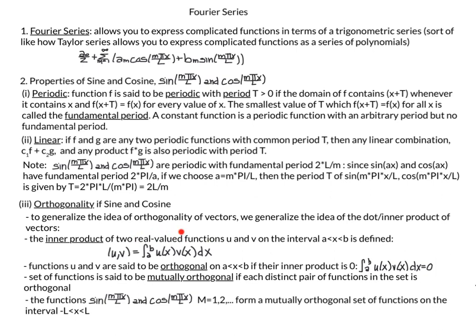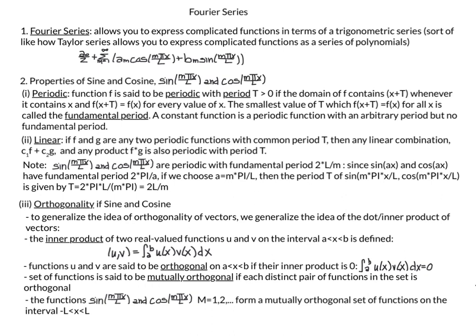And by real valued, that means the results of these functions are real, not complex. So if we have u, which produces a real number, and v also produces a real number on the interval x from a to b, then we're going to define the inner product to be the integral from a to b of u of x times v of x dx.